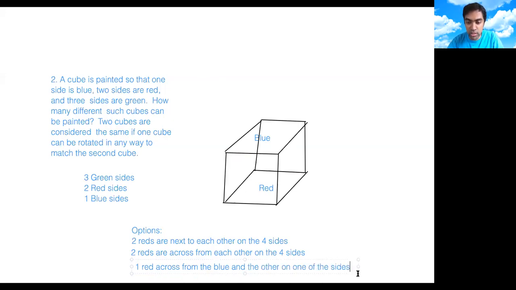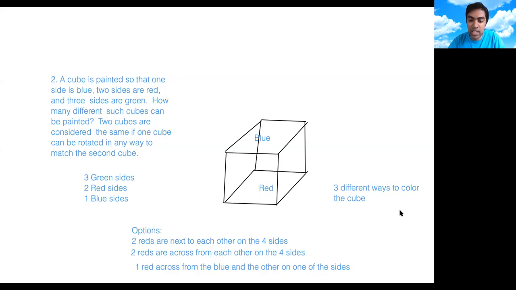So this is the third method that you can do. So overall, there should be three different ways to color the cube. Does this make sense? Any questions?